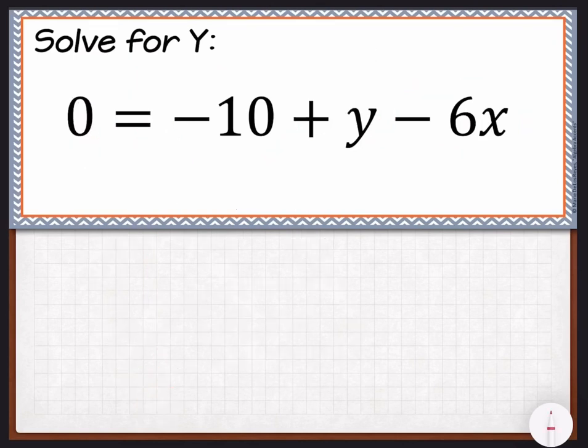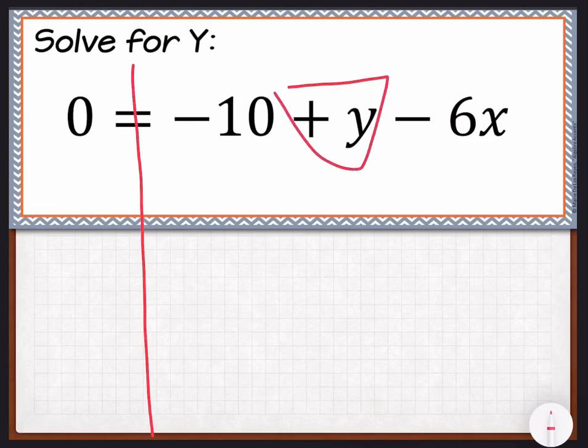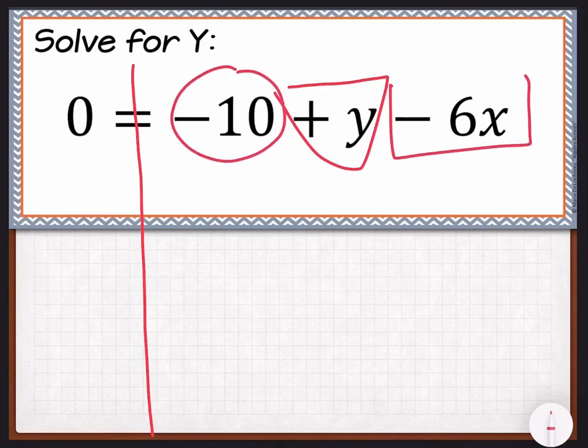So now let me show you the same problem a different way, a faster way. Draw the line. If I notice that my y term is on the right side, I could technically keep it there. Watch what happens if I move both the constant and the x term to the right side. So I'm going to cross the line, change the sign, so that makes this plus 10.